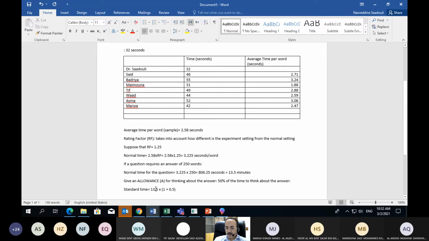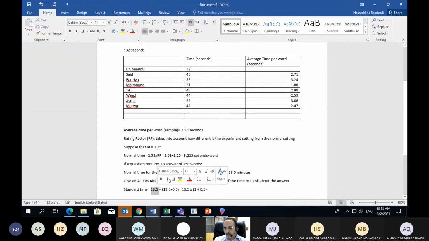In other words, let me write it in a simpler form. It's going to be 13.5, which is the time the student needs to type, and 13.5 times 0.5, which is half of that time, to think about the answer.